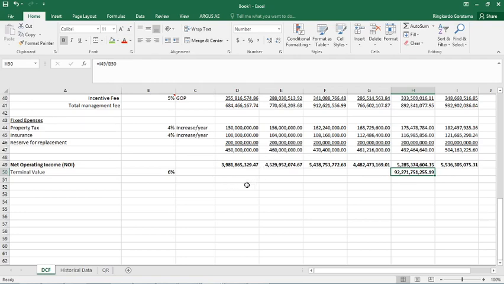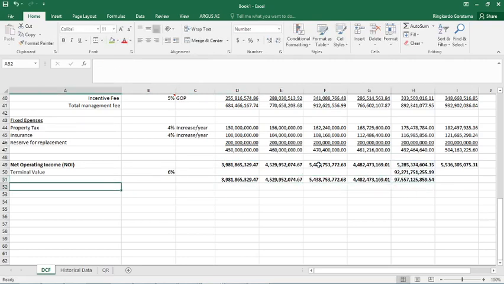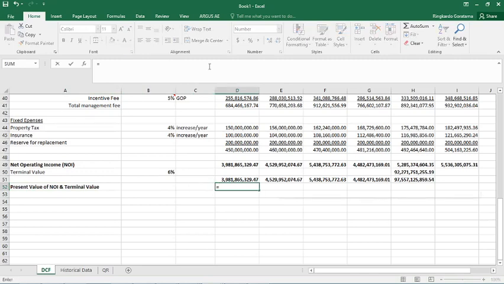Right? So we get the total and we can calculate the present value of NOI and the terminal value. So NPV, oh, we need to know the rate.